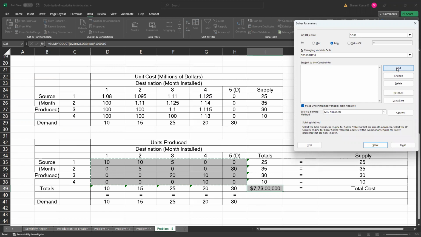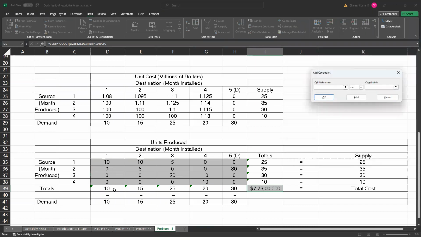Okay, so we will have to select the constraints. Constraints happen to be these values, whatever you have here, should be equal to, not less than or equal to, should be equal to the total demand.